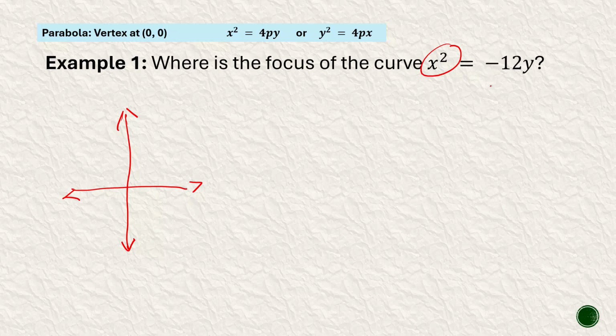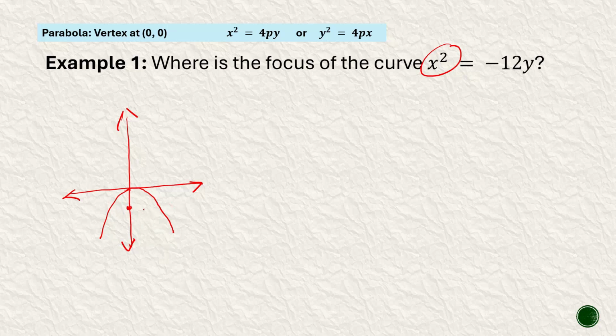If it's positive, the parabola opens upward. So since the vertex is at the origin, the parabola is like this, and then the focus is somewhere here, obviously.